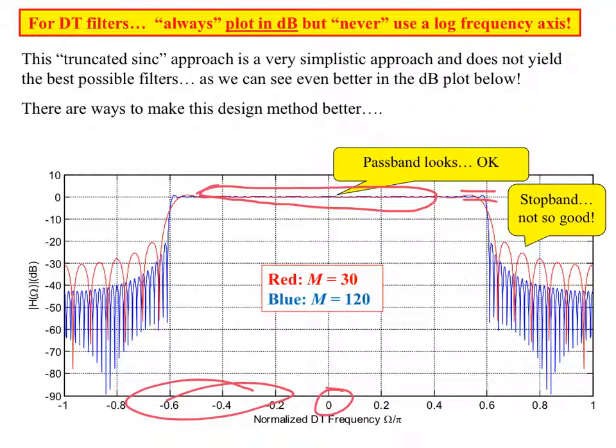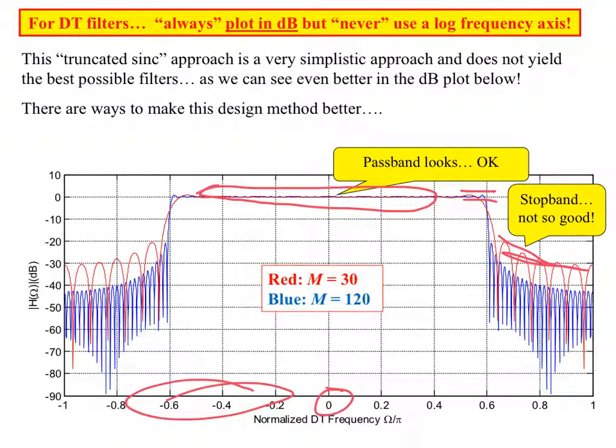as we've seen before, the biggest ripple is right at the edge of the pass band, and that maximum ripple doesn't get smaller for this design approach as M gets bigger for just this pure truncated sinc approach. And look at these stop bands for M equal to 30.